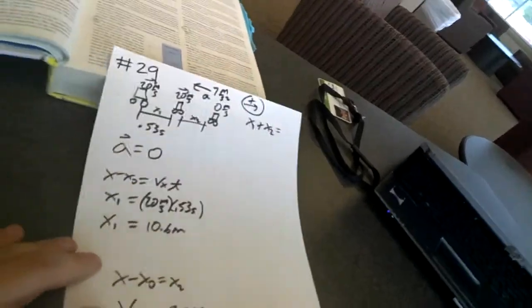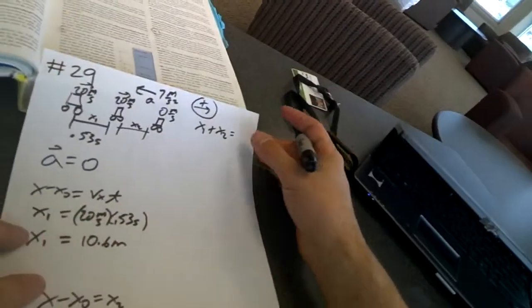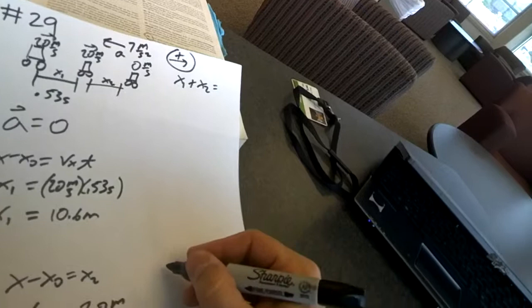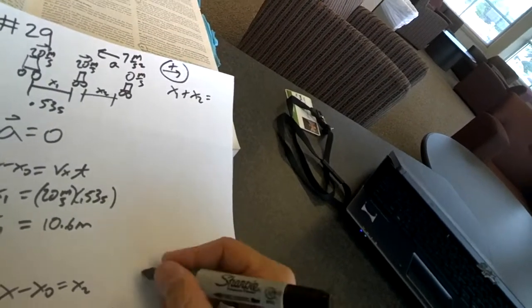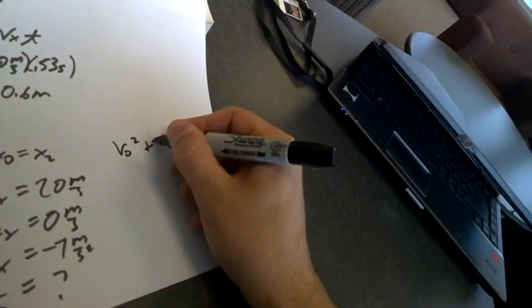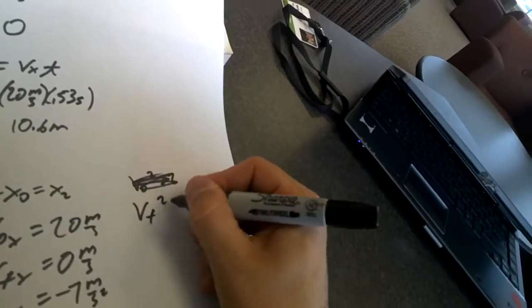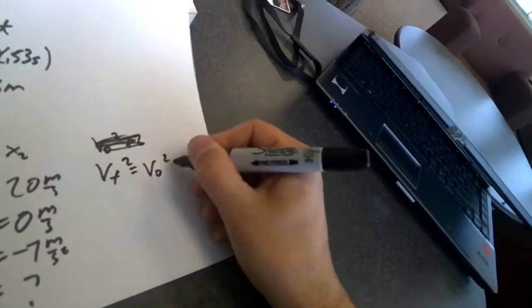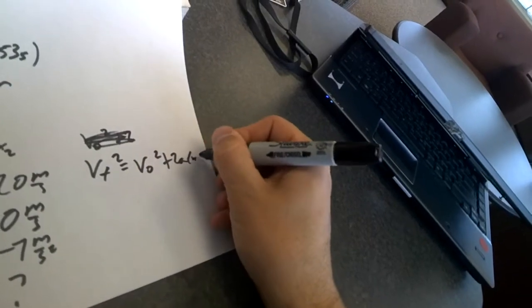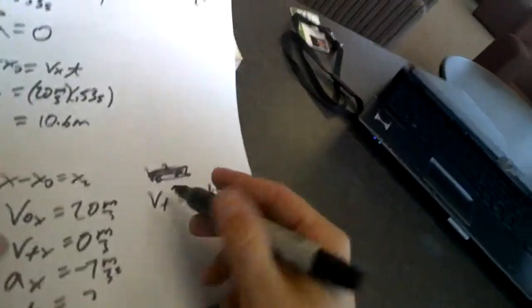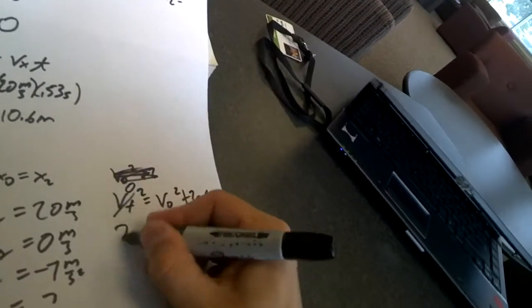I don't care about time, so I'm going to pick my equation and solve. It should be v final squared equals v naught squared plus 2a times x minus x naught. And then I'll plug in there and solve for displacement. Our v final is 0.